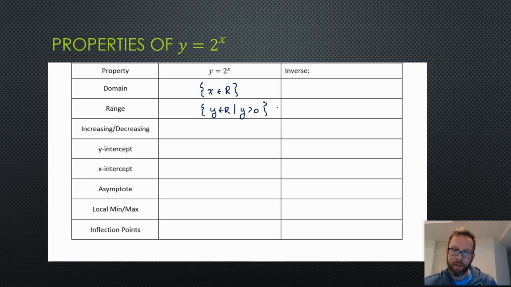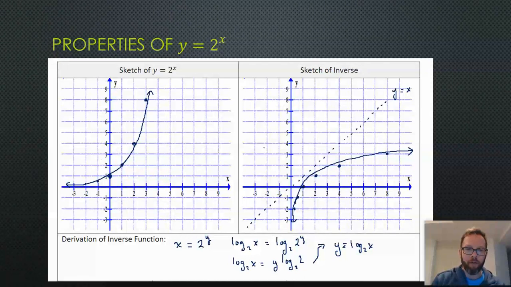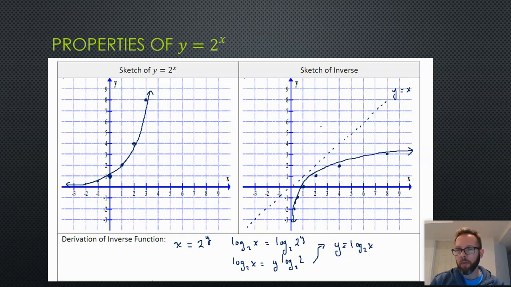The graph of 2 to the power of x goes on forever left and right, but it's only above the x-axis. With log base 2 of x, you can only plug in positive x values, not 0 or negative. But you can get any y value you'd like, going forever up and forever down.